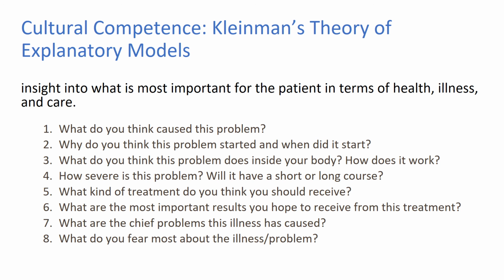How does it work? How severe is this problem? Will it have a short or long course? What kind of treatment do you think you should receive? What are the most important results you hope to receive from this treatment? What are the chief problems this illness has caused? And what do you fear most about the illness or problem?